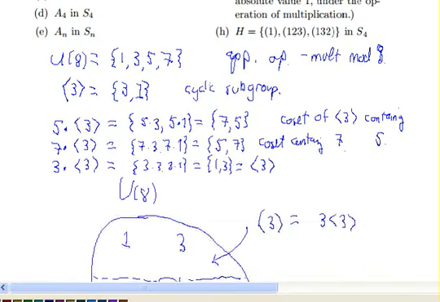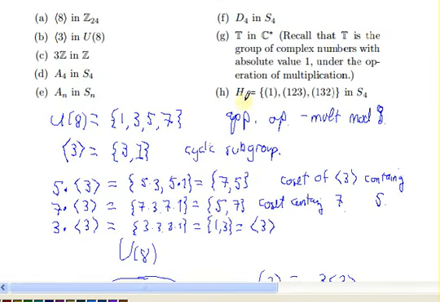I also gave myself a harder problem here. This problem here for H, which are the cosets of this subgroup in S4. Remember, S4 is the permutations of 4 symbols. Here, our 4 symbols are going to be 1, 2, 3, 4. So let's go ahead and get started with that.